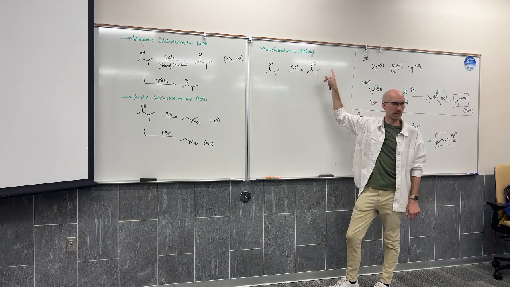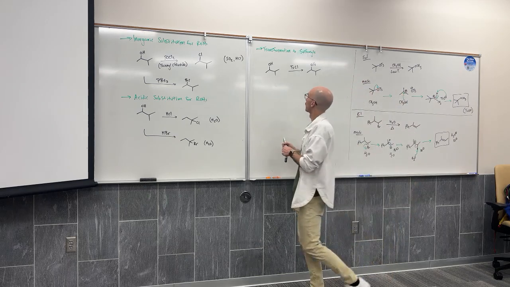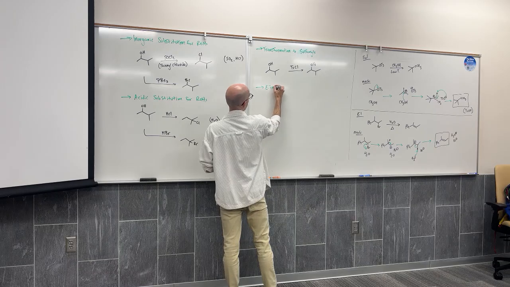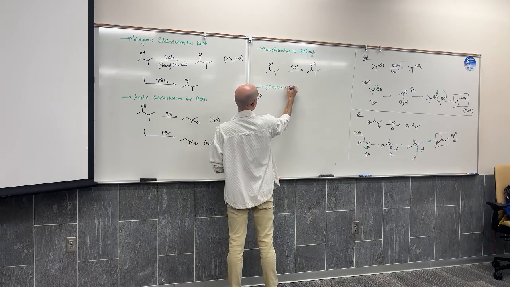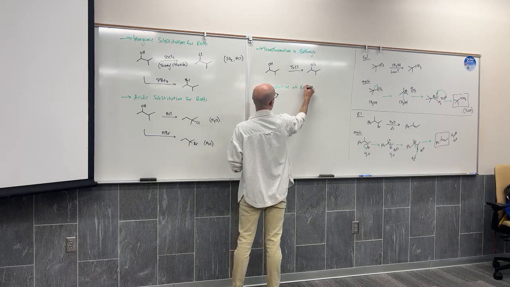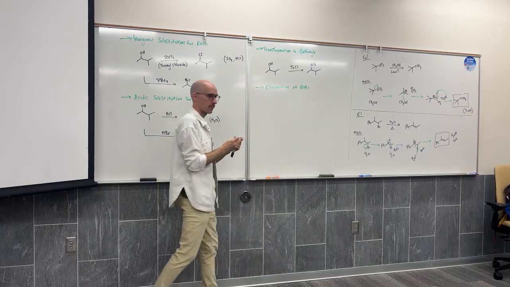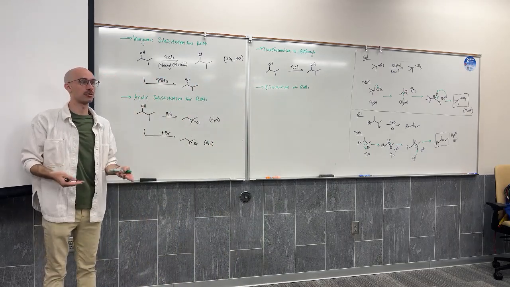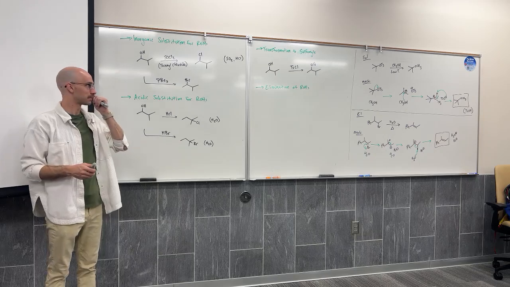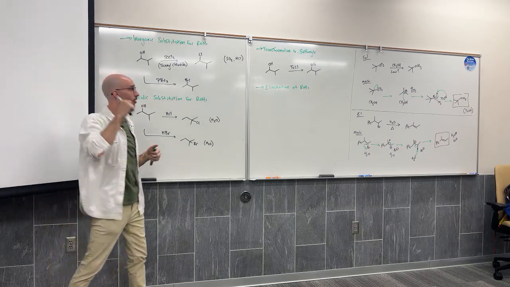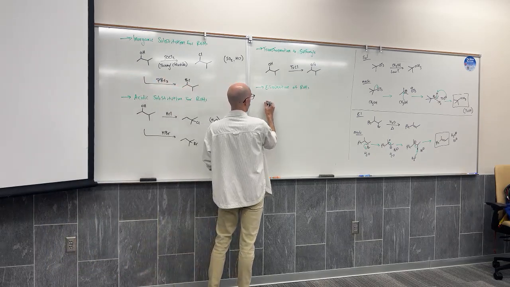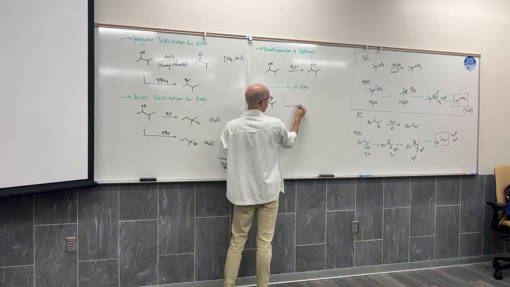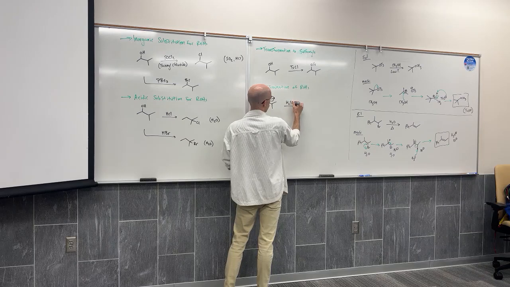I could add in my big bulky base. But for reasons that we're going to see right now, elimination of alcohols is difficult to control. In order to eliminate alkyl halides, we introduce bases. In order to eliminate alcohols, a base won't be effective because a base will simply deprotonate the alcohol.